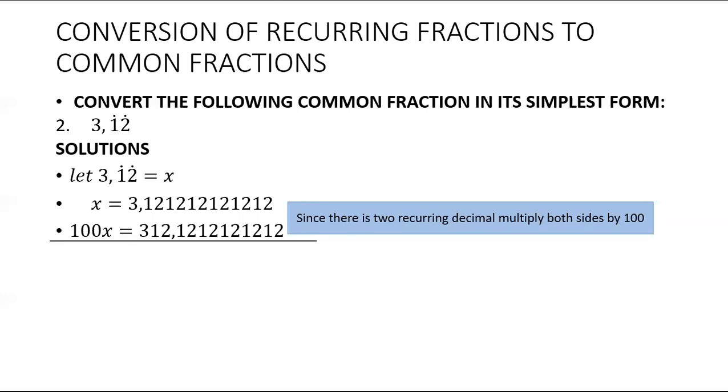312,121212, you will minus 3,121212. That'll give you 309. I am sure that you all understand why I got the 312.